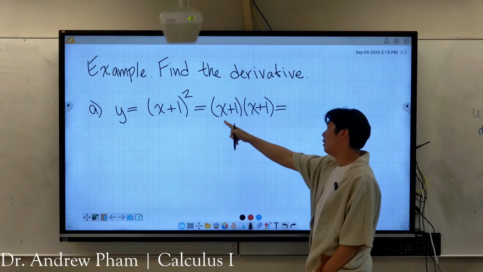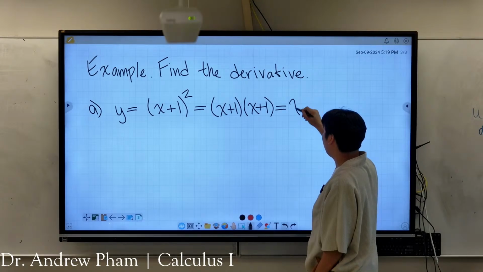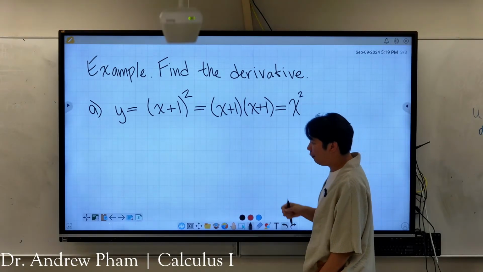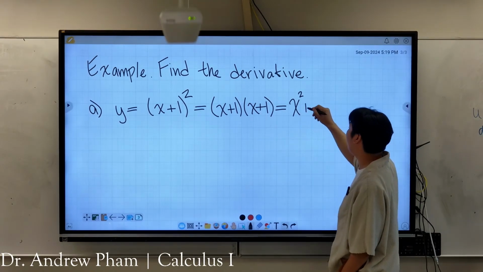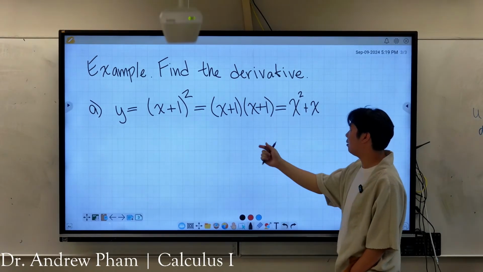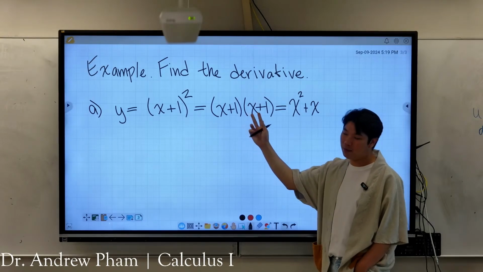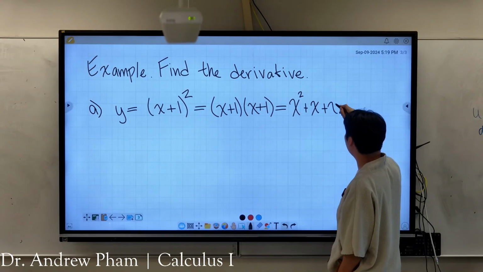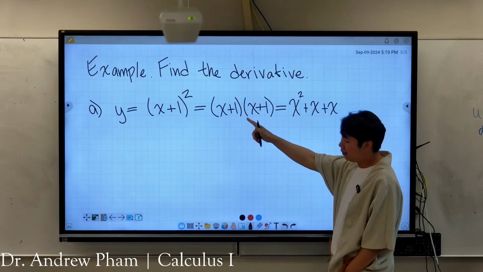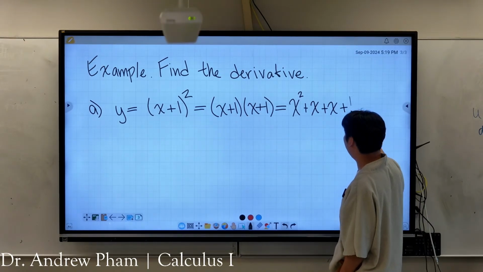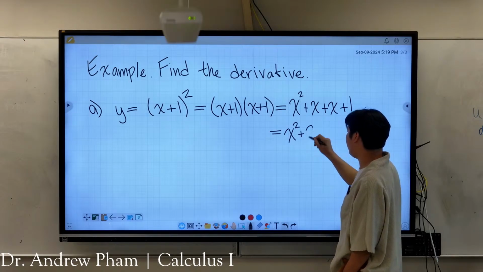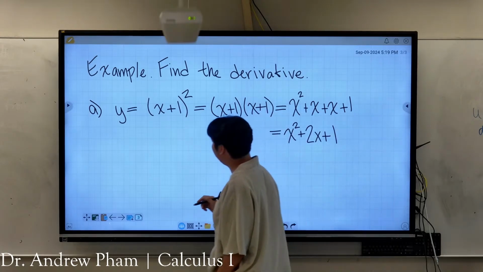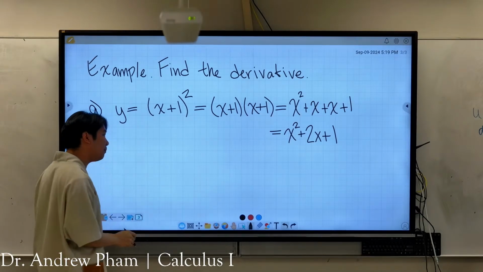First times first, x times x, x squared. Outside, x times positive 1, get plus x. Inside, 1 times x, again I get plus x. And then last, 1 times 1. So I have x squared plus 2x plus 1. This is still my original function.